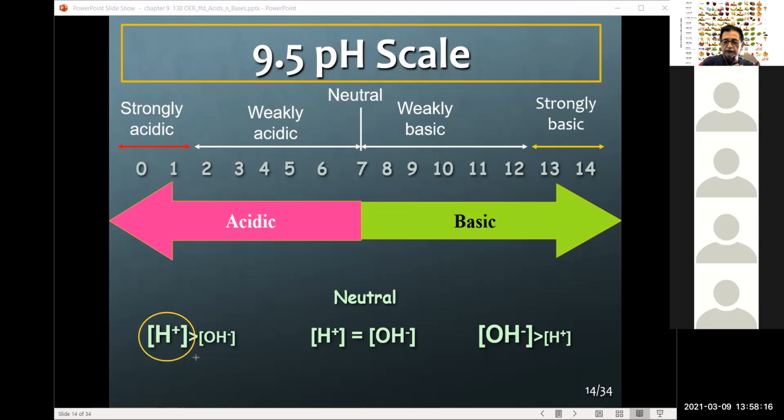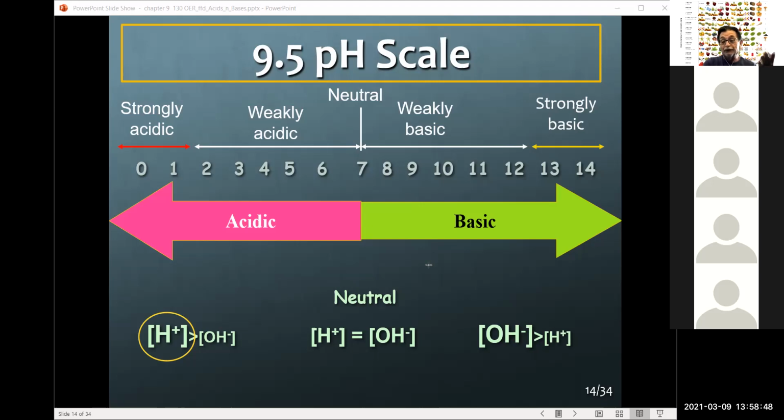When the proton concentration is greater than the hydroxide concentration, you're in the acid range. When the concentration of each is equal, you're in the neutral range. When the hydroxide concentration is much greater than the proton concentration, then you're in the basic range. There's another term they use, alkaline range.